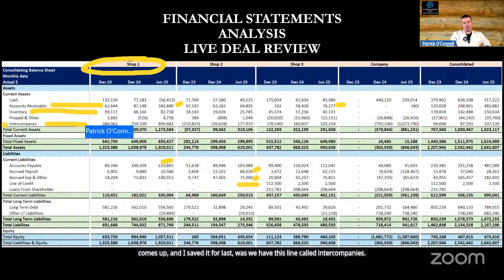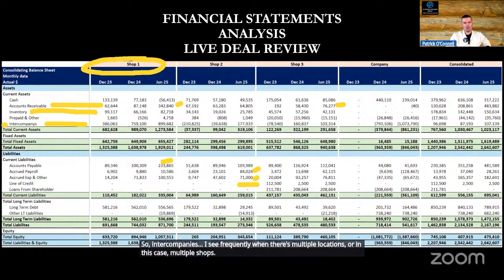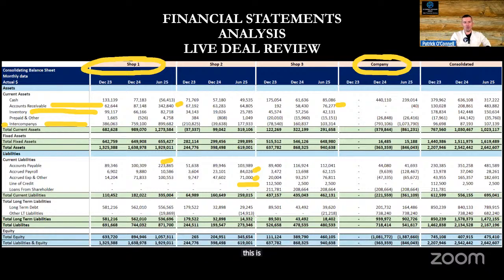I see intercompanies frequently when there are multiple locations, or in this case, multiple shops. I also see a lot of intercompany when they have this company operating entity within the QuickBooks file. This is going to show activity between the shops.